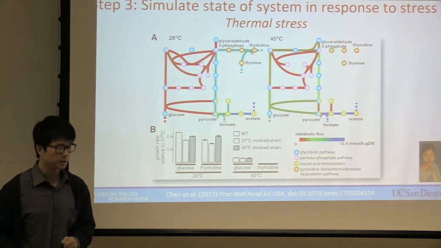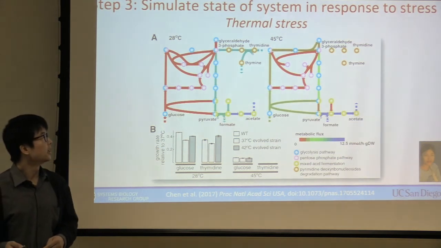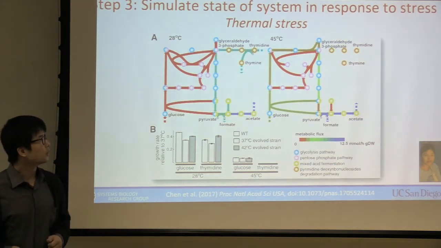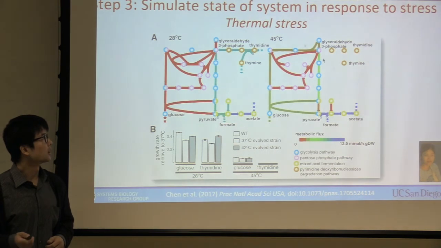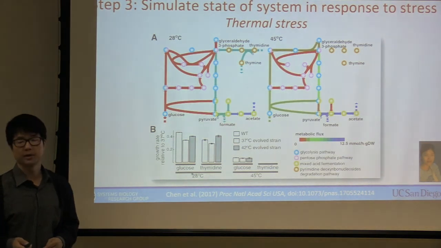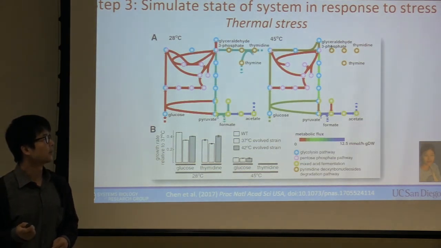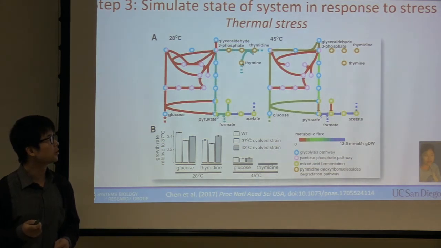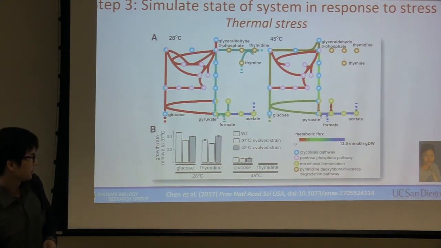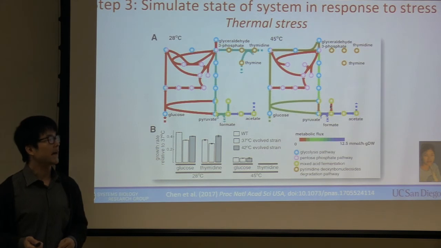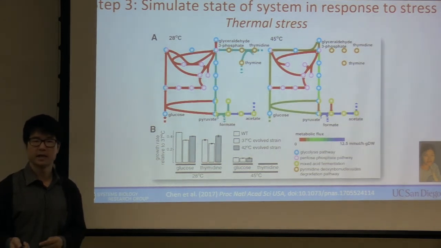And so what we see here is that if we perturb the temperature, we actually see completely different pathway utilization, metabolic pathway utilization, at the low temperature and in the really high temperature. And what's notable here is that under high temperature, for example, thymine or thymidine cannot actually be utilized anymore.